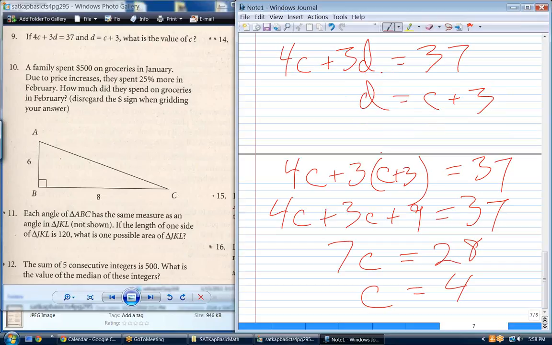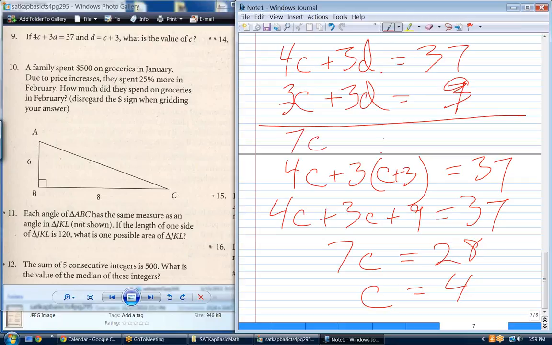What if this said, in other words, if I rearrange the second and write it like this, now to me this is easier solved by elimination, right? I multiply the bottom by 3, every term, subtract the two equations.